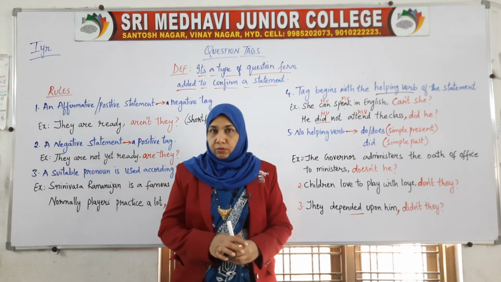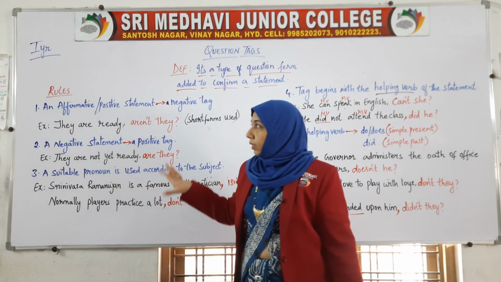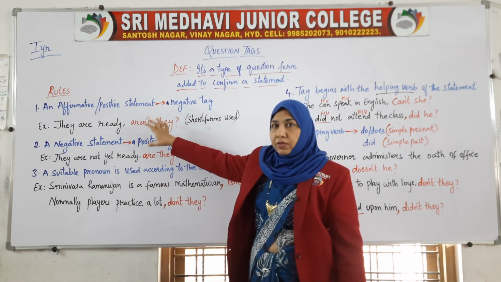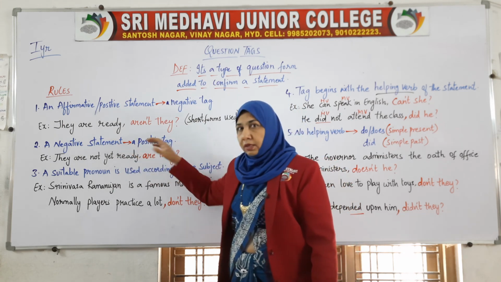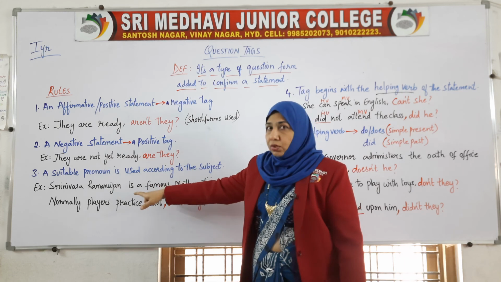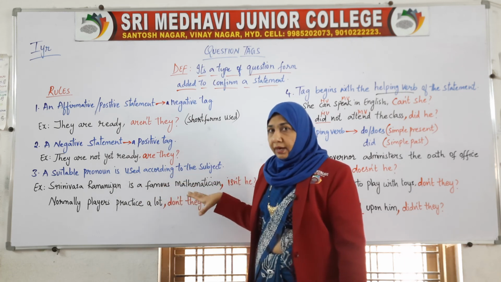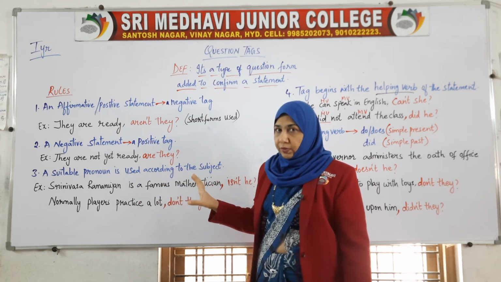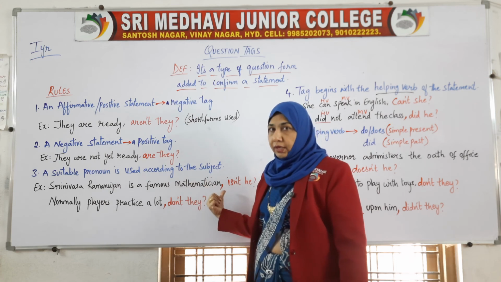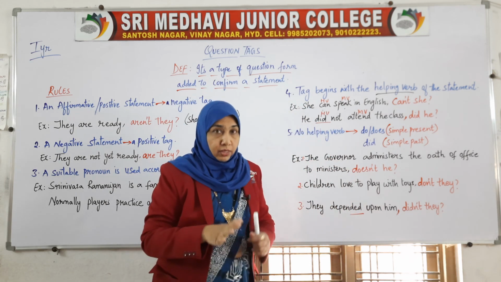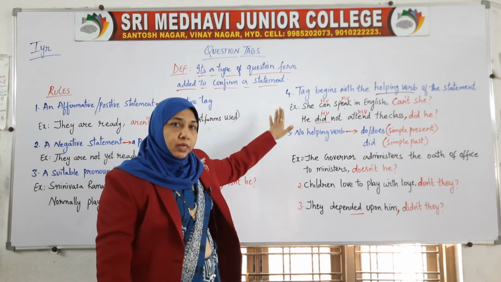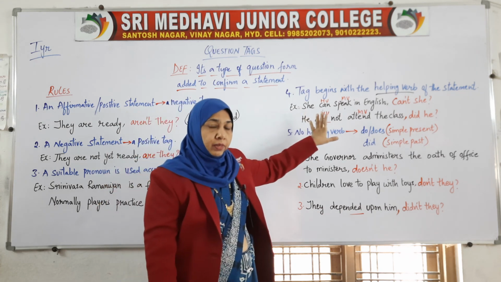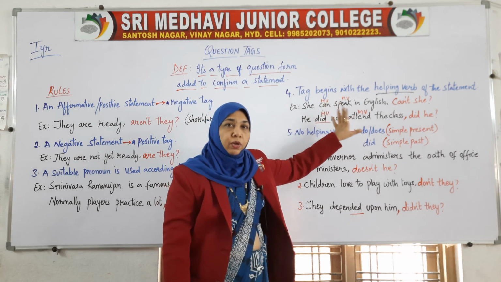Now with these 5 rules, let us sum it up. One is positive statement and negative tag. Negative statement, positive tag. A suitable pronoun is to be added at the end of the statement in the question tag. The tag should start with the helping verb, if there is a helping verb in the sentence.